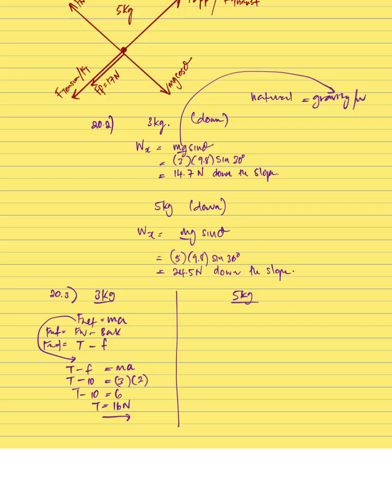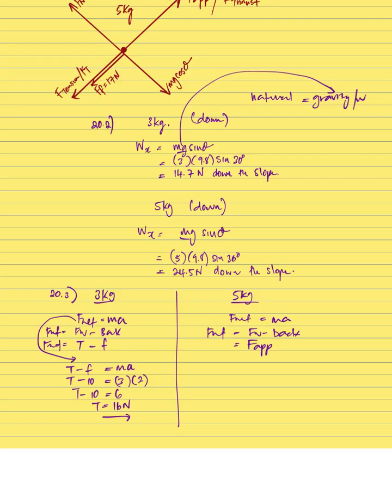With the 5 kilogram, again, Fnet is equal to MA. And I know that Fnet is actually equal to forwards minus backwards. So my forward force for the 5 kilogram is the force applied.